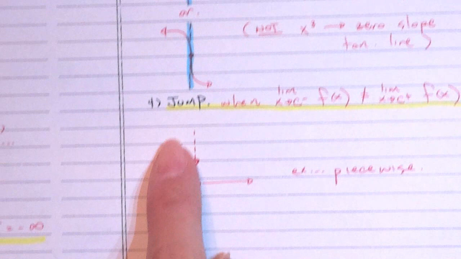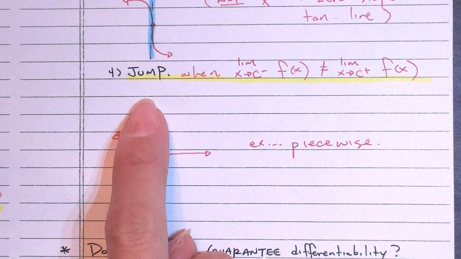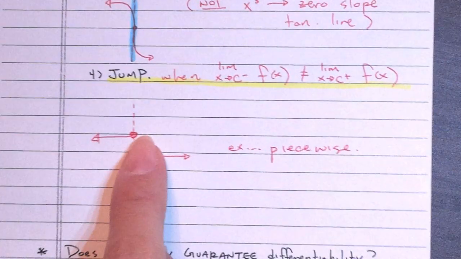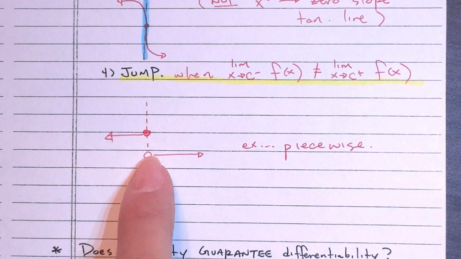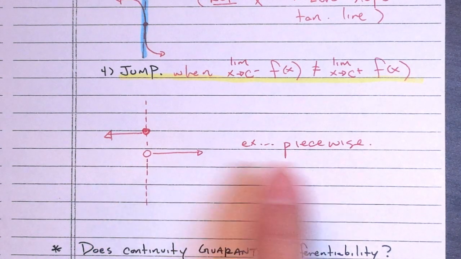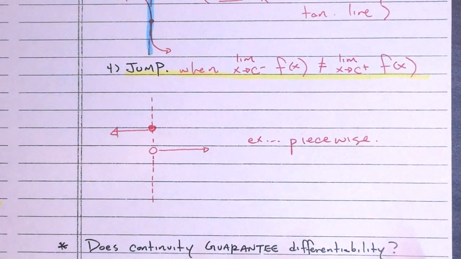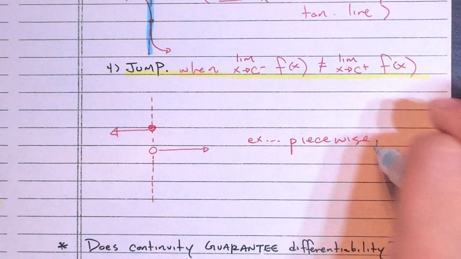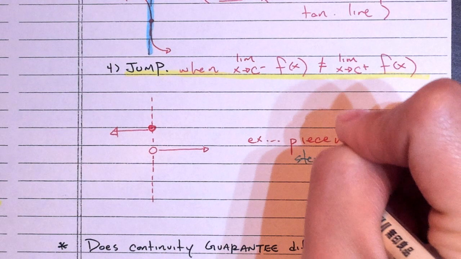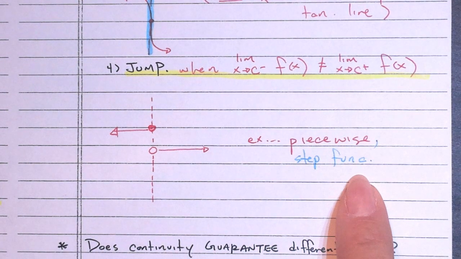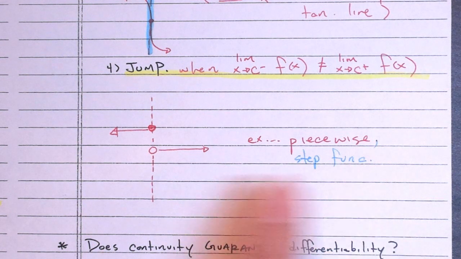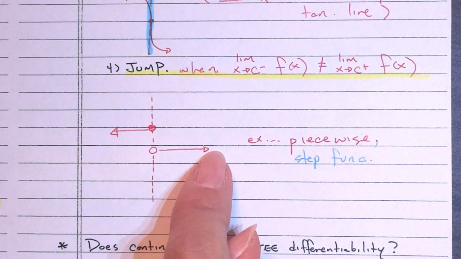Okay, the last kind is when you have a jump. So obviously you can't be differentiable if there's no point there, right? So for example, like a piecewise function, or I would say like a step function, which is like a round down function, the greatest integer function. So that would give you jumps as well, right?